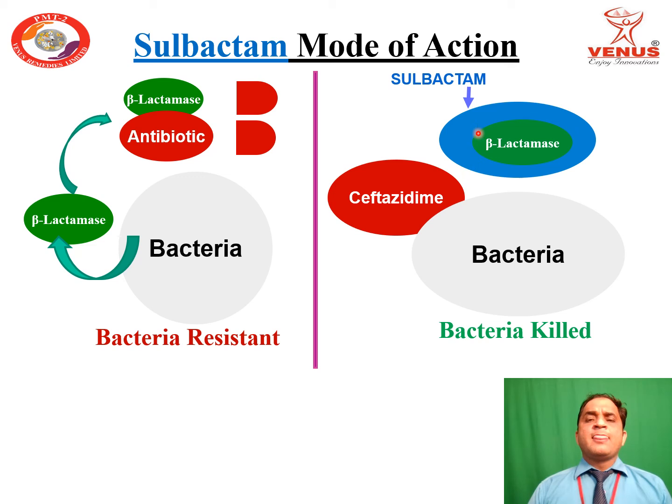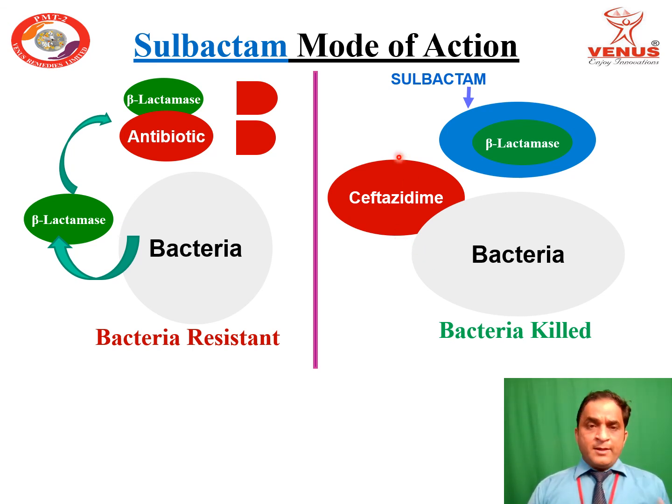So here sulbactam inhibits the beta-lactamase enzyme, and by inhibiting this enzyme, sulbactam provides safety to the ceftazidime. Now the ceftazidime is in intact form, not in destroyed form like in this image. So now this intact ceftazidime attacks the bacteria and kills it.